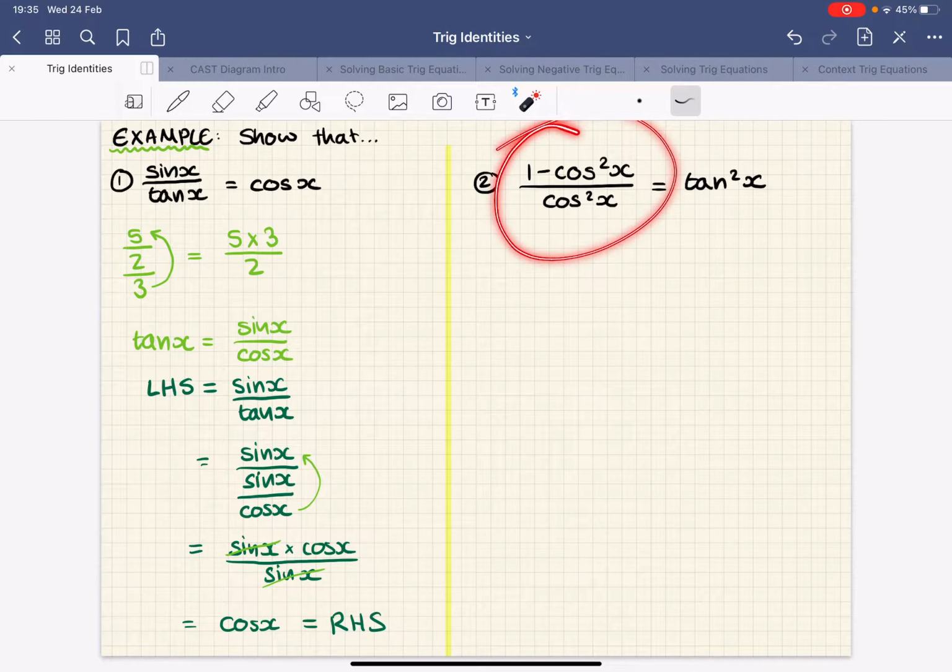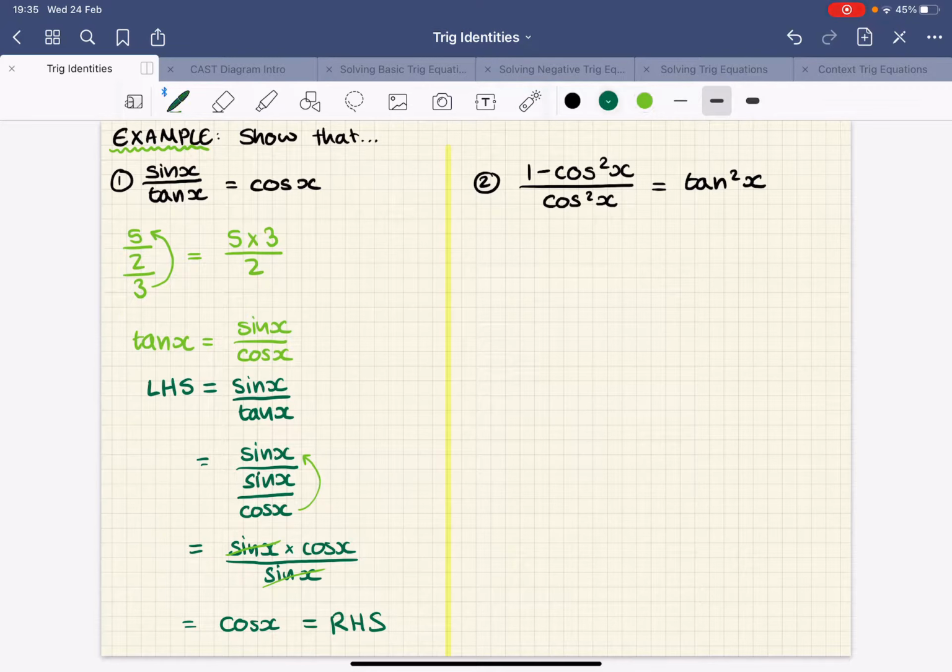We're actually going to start on this left-hand side here. Because I'm dealing with a lot of these cos squared x and sin squared x, I'm probably going to be using the identity sin squared x plus cos squared x equals 1.